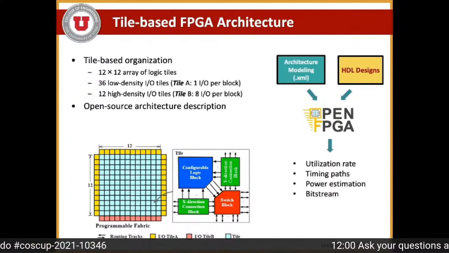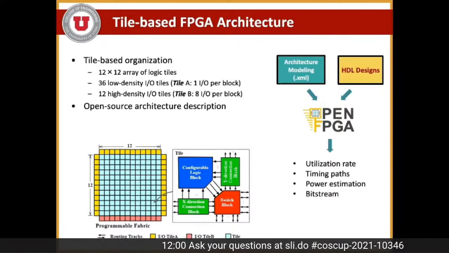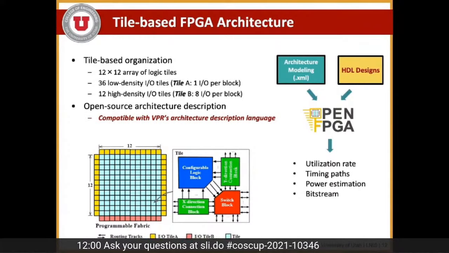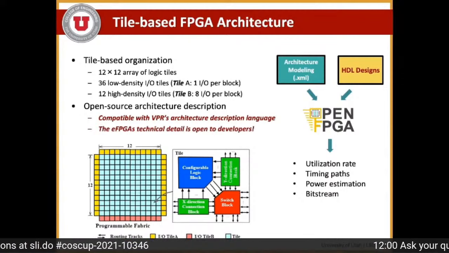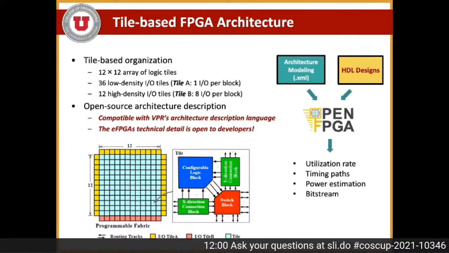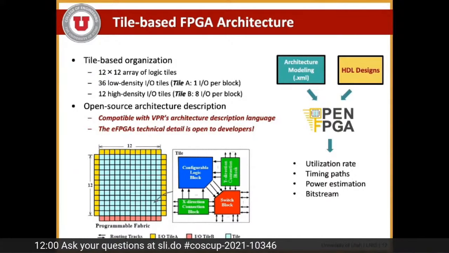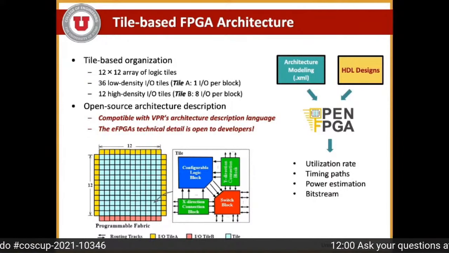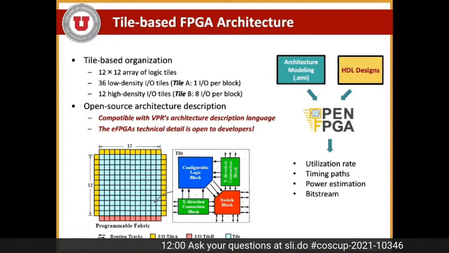All the eFPGA IPs are modeled in open-source architecture description files. They are compatible with VPR's architecture description language, which means, as in the figure I show on the right side, people can easily run VPR or OpenFPGA to get utilization rate, timing paths, as well as power estimation, and also bitstream for the designs.